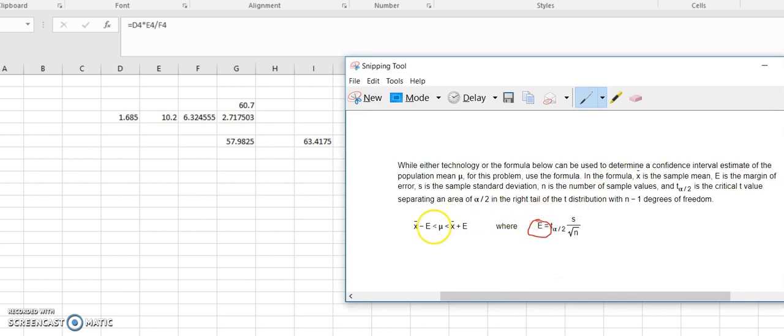Okay, so now all I have to do is take that value, 2.7, subtract it from the sample mean, and write it on the left side of the mu, and then add it and write it on the right side.